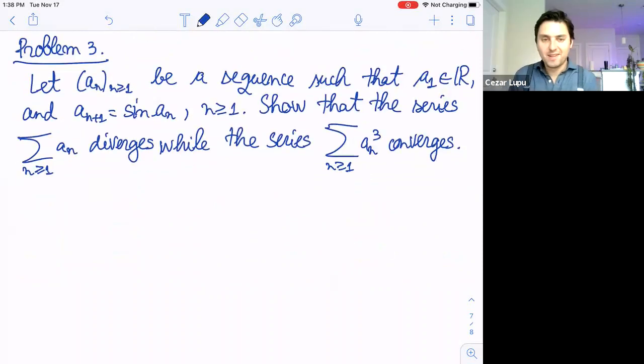Okay, I want you to look at the problem. You see, that's a funny thing. If I have this kind of recursion, then the sum of an diverges, while the sum of an cubed converges. So that should tell you something. Maybe, I don't know, think about it.